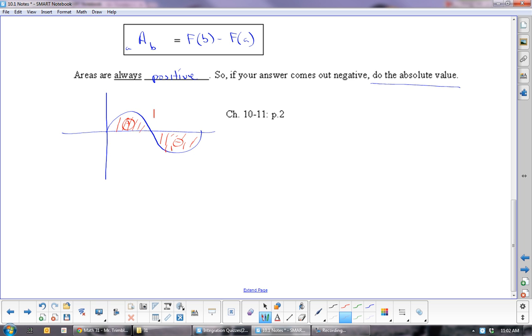So you've got to take the absolute value of all your negatives, so it would be a positive plus a positive to give you your total. You're always going to know that by doing a diagram first, and then you'll say, okay, that's going to come out negative, so make sure I take the absolute value of that. And that's the big difference between absolute value, antiderivative and integral, because if you actually found the integral of this, you would get 0. But if you found the area using the antiderivative, you would get the total area.